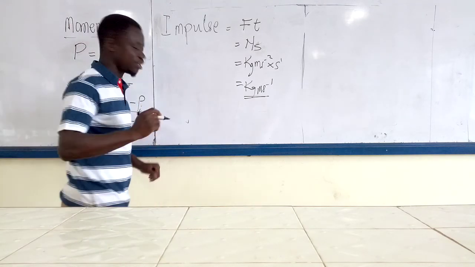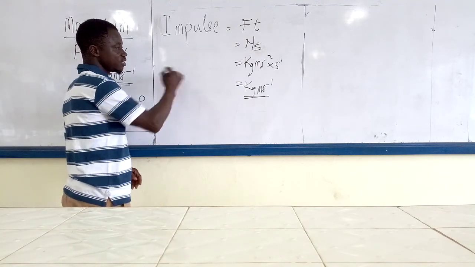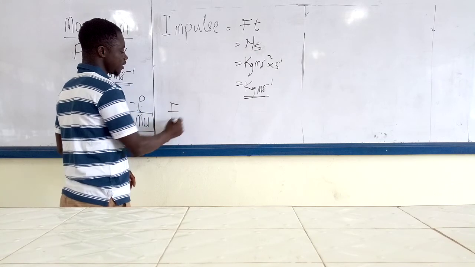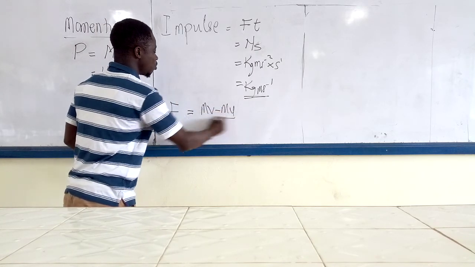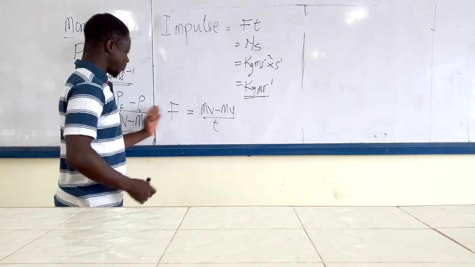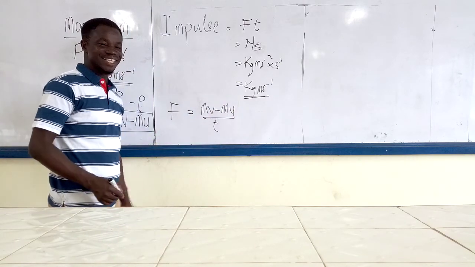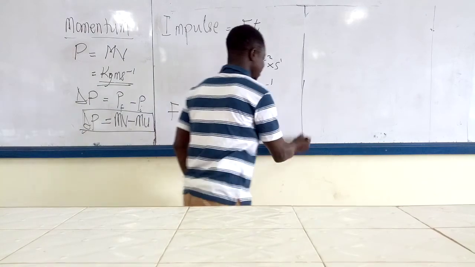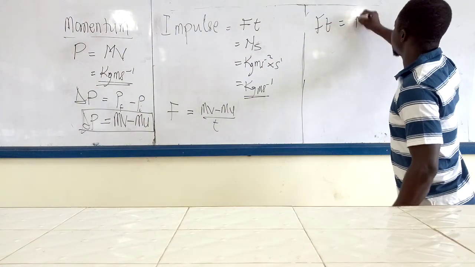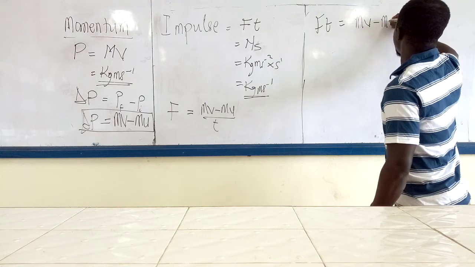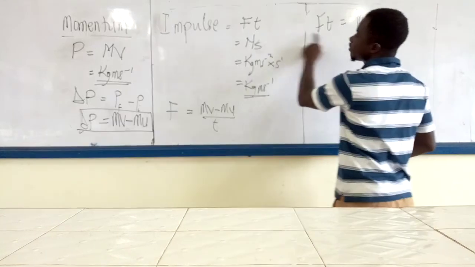How do we get it? Look at this. From Newton's second law of motion, the force F is equal to mv minus mu all over t. So let me multiply through this equation by the time. That is going to give me Ft is equal to mv minus mu. What is Ft?